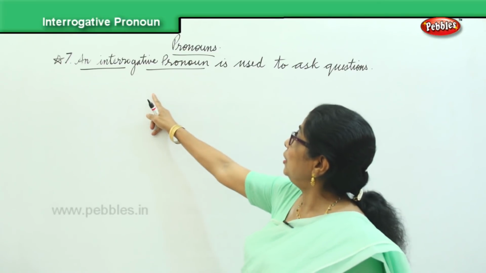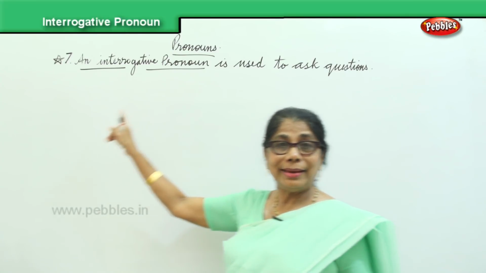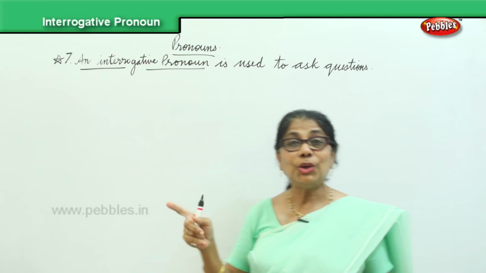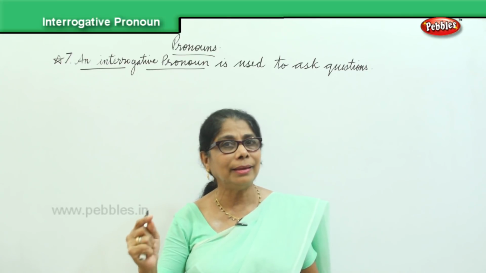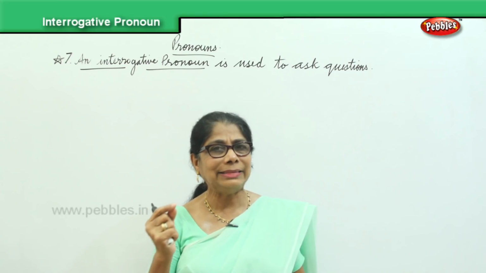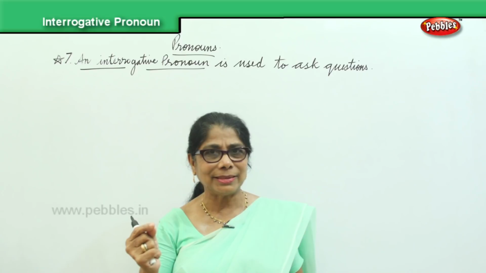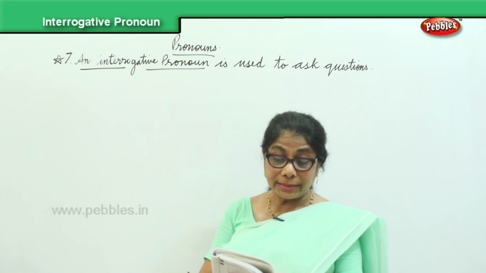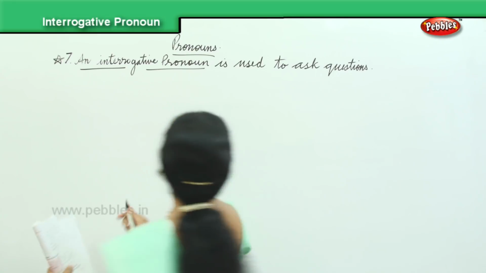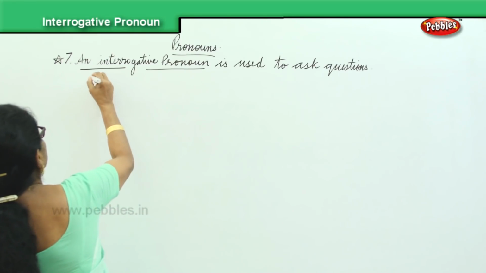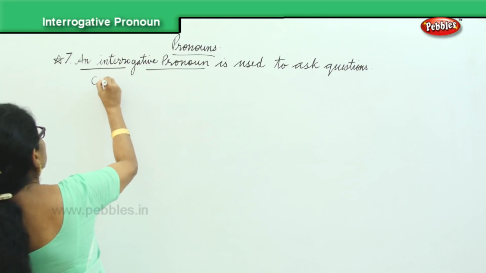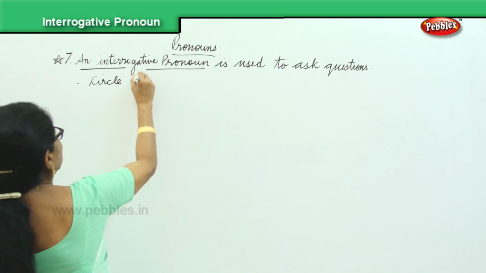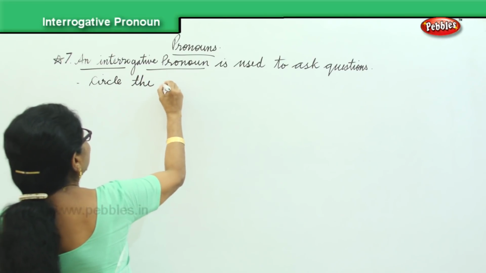We have done interrogative pronoun. Now, I will give the full sentence. You will circle the interrogative pronoun. Okay? Identify and we'll circle together. First, I will write out all the sentences for you. Circle the interrogative pronoun.